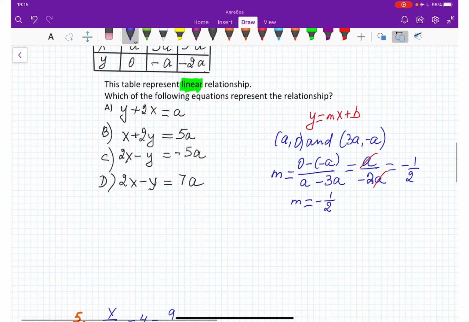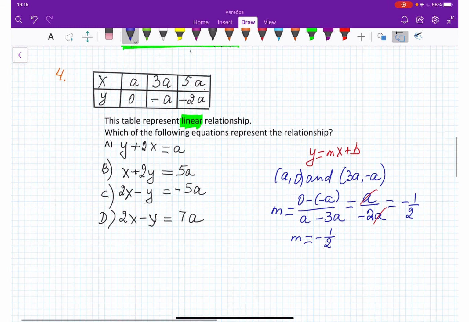So now let's find b in mx plus b, right? To find b, what am I going to do? I'm going to take the point a, 0. Why? Because my x is a, my y is 0.